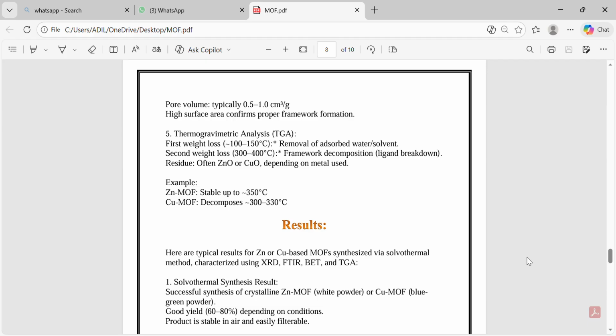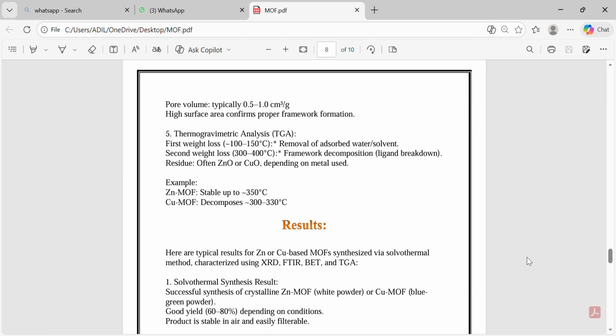good framework. Thermogravimetric analysis is a heating test that measures how the material loses weight when heated. First weight loss is around 100 to 150 degrees Celsius. Second weight loss is at 300 to 400 degrees Celsius, where the organic part breaks down.